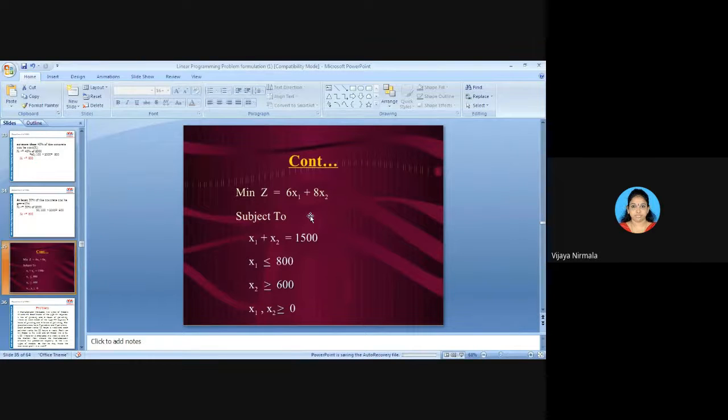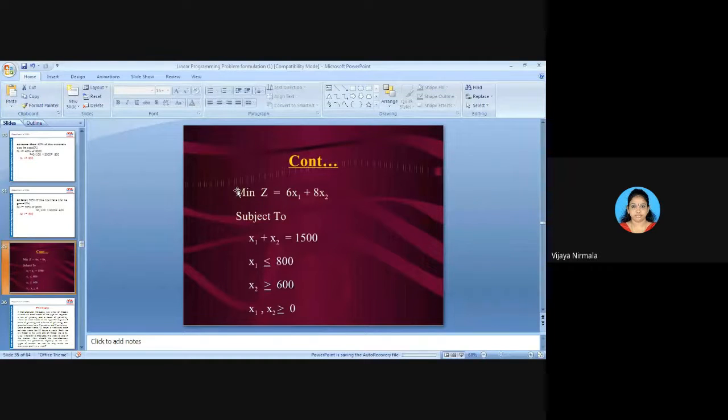That also you need to mention. X1, X2 always greater than or equal to 0. So, this is how you need to formulate the LPP for a minimization problem.